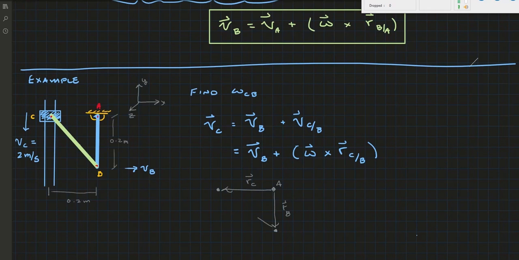And the direction of our rC with respect to B is this way. We have to move this way in rB, we move down in rB, and then we move up in this direction in rC with respect to B to get to the same point that we would get to if we just went straight across at rC. So that way we have the same relationship.